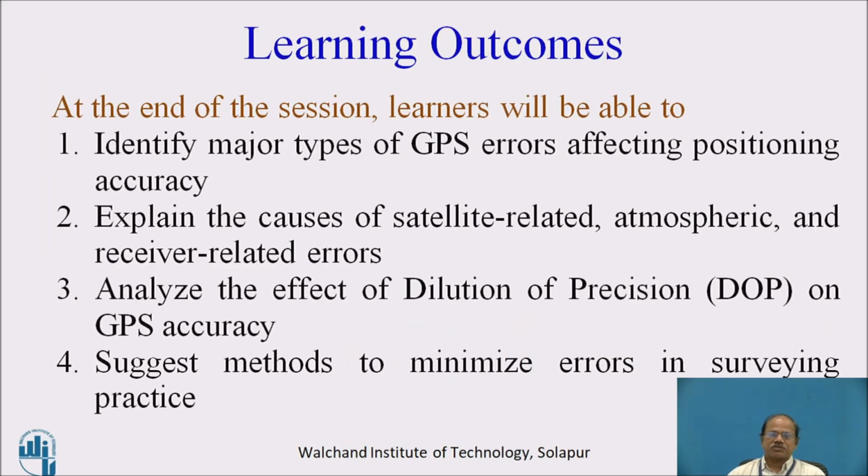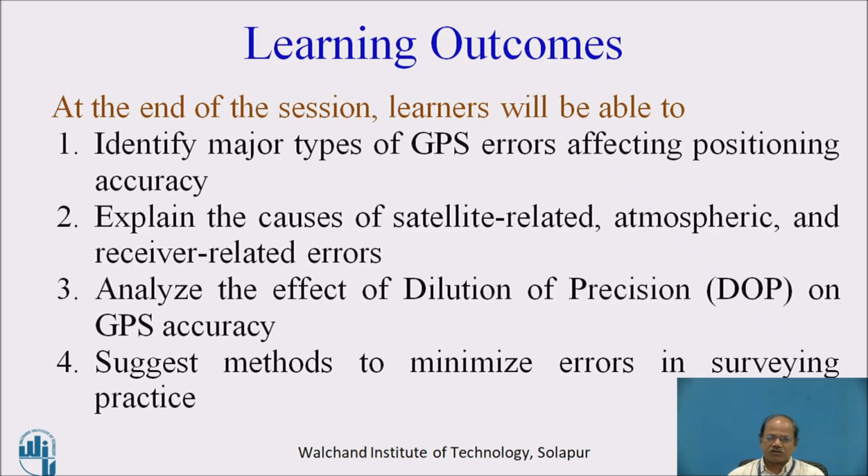The learning outcomes of this online educational resource are that at the end of the session, the learners will be able to identify major types of GPS errors affecting positional accuracy. The second learning outcome is the learner will be able to explain the causes of satellite related, atmospheric and receiver related errors.